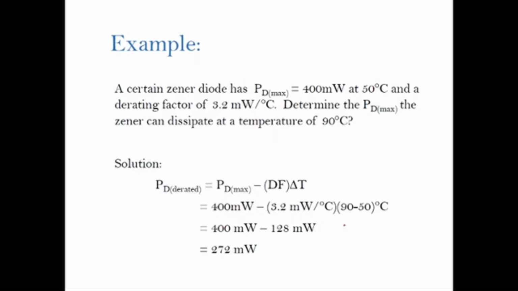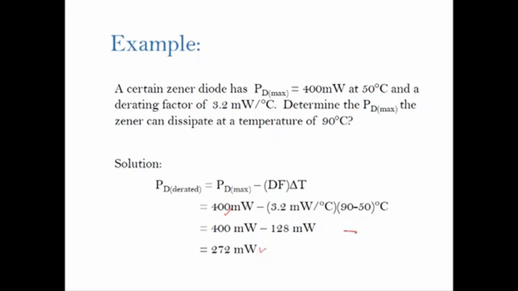PD derated is equal to PD max at reference minus the difference of the maximum power. The PD max at the reference point, which is 50 degrees Celsius, is 400 milliwatt, minus the derating factor times delta T, the temperature difference between 90 and 50. Lastly we get 272 milliwatt.